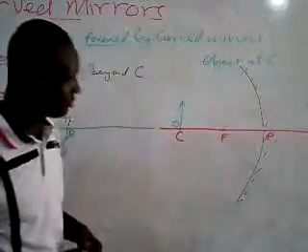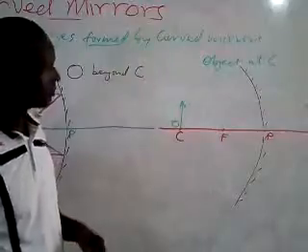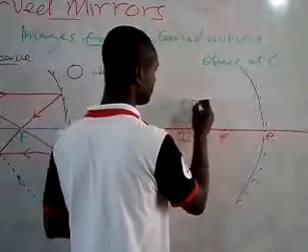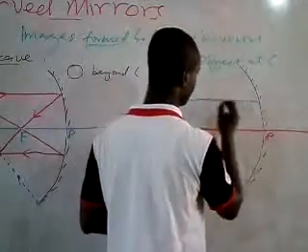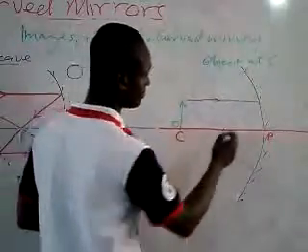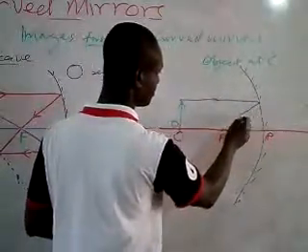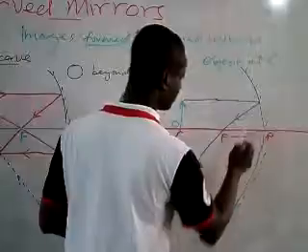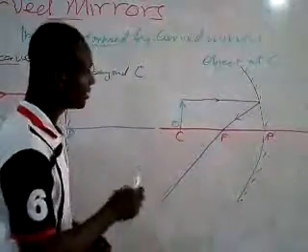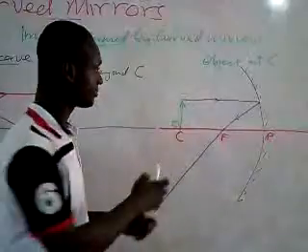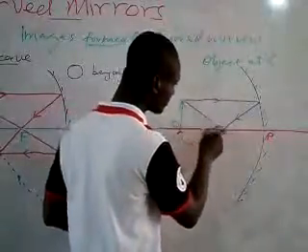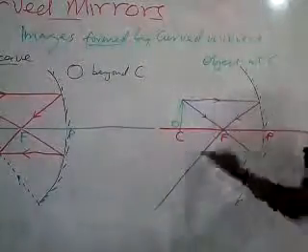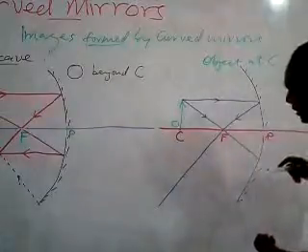We follow the same rules. Rays parallel to the principal axis reflect through the principal focus. And rays passing through the principal focus also reflect parallel to the principal axis.